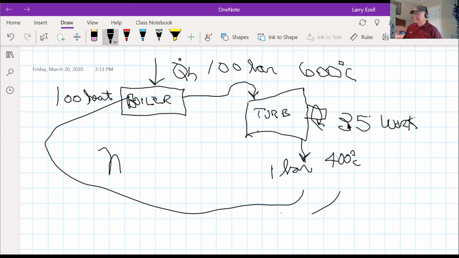That's supposed to be an eta, T for thermal. Is equal to the work out, call it work net, over this QH up here.